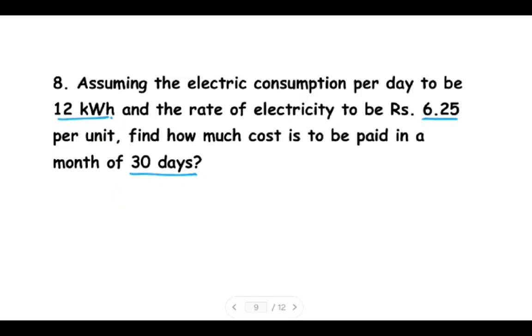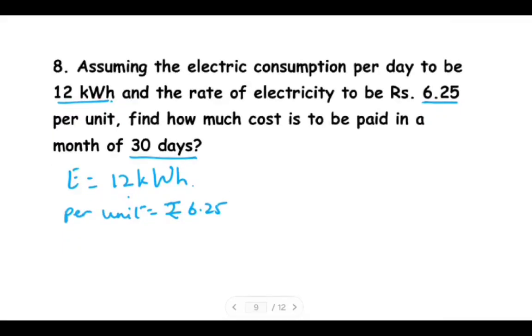Let me write what's given. Energy consumption is 12 kilowatt hour, and charge per unit is rupees 6.25. All you have to do is simply multiply the energy consumed with the per unit charge to find out the cost of electricity per day.